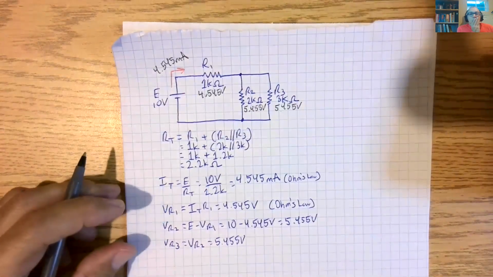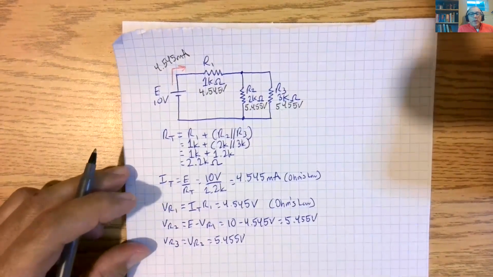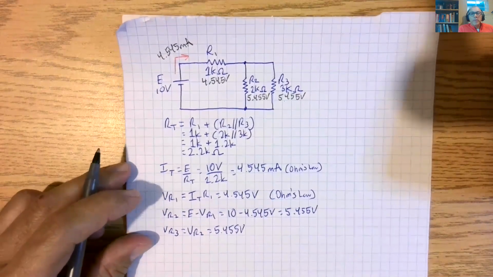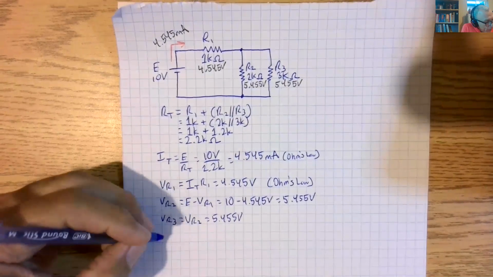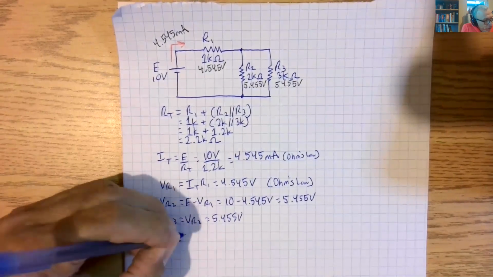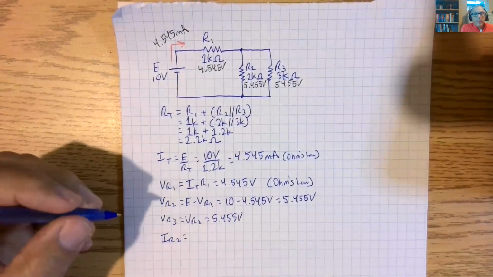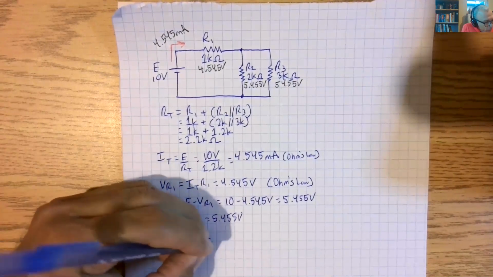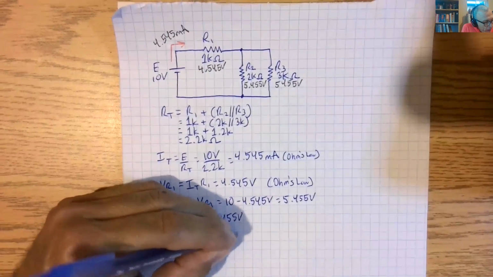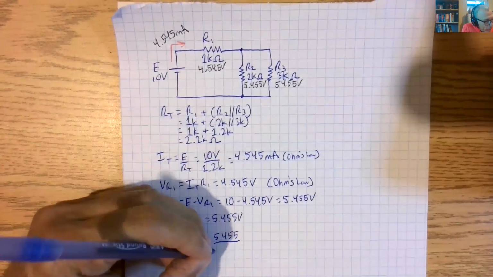All right, so that's what we have there. Now, let's figure out IR2. If we just use Ohm's law quickly, IR2 is equal to VR2 over R2, so it's 5.455 divided by 2K.